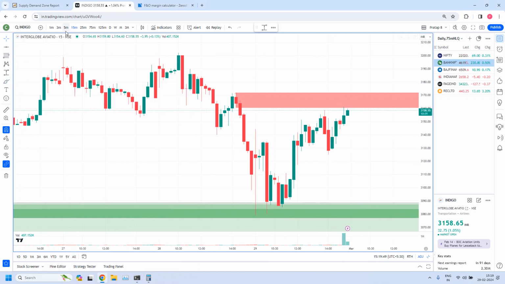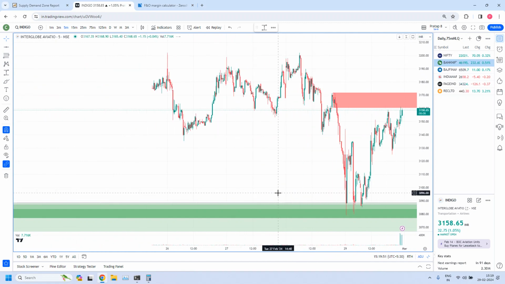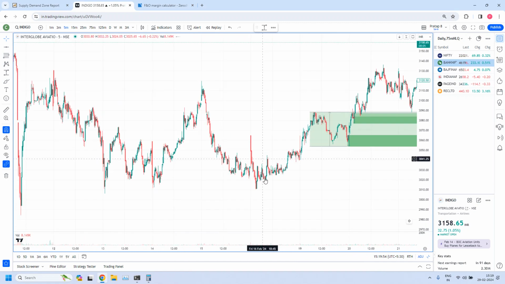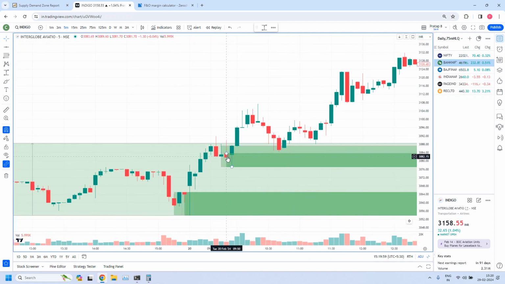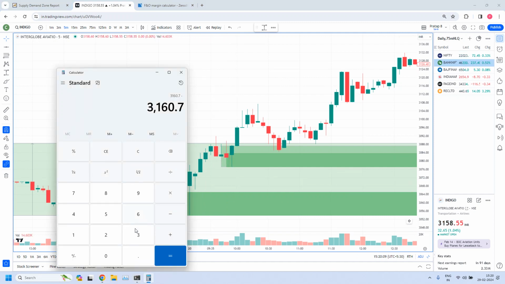Okay, let me go to 5 minutes and take the perfect value, not the approximate, because we are maintaining an Excel sheet. So let us calculate the exact values. The open of this candle is 3083.65. Let me cross check. 3083.65. Yes. So 77 rupees profit it has given.